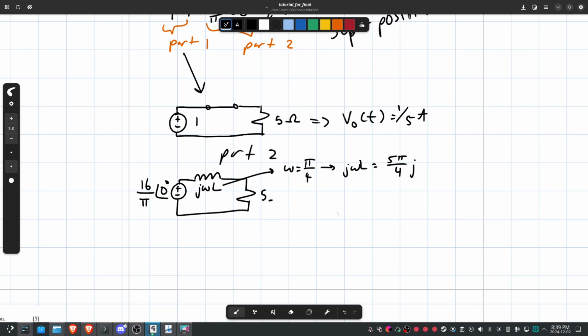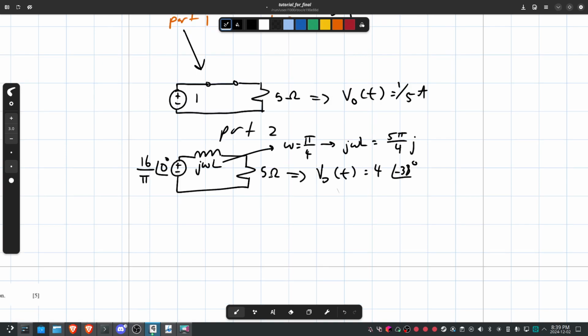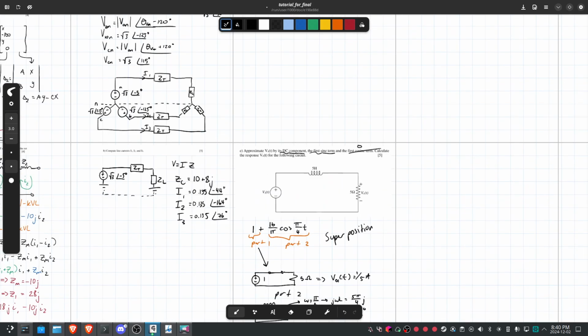And this is still 5 ohms. VO of t is going to be 4 with a phase of -38 degrees. Now you just add them together. This is VO1, this is VO2. So VO is going to be VO1 plus VO2, which is going to be 4.16 with a phase of -36. And that's the end.